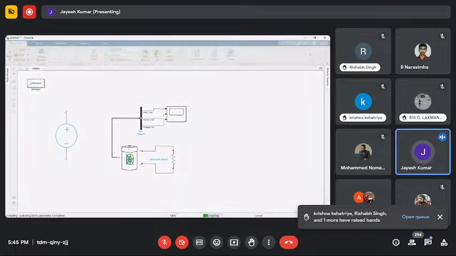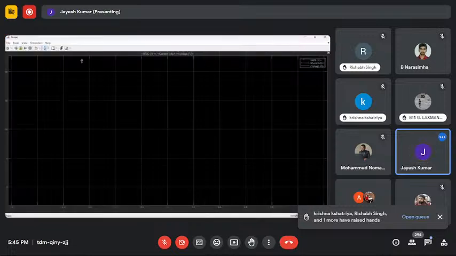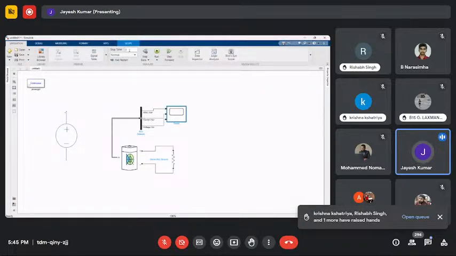Now you can see that my state of charge is still 100% because it is the initial condition. 0 seconds means it's turned off, so I have to give some seconds, like 10 seconds.